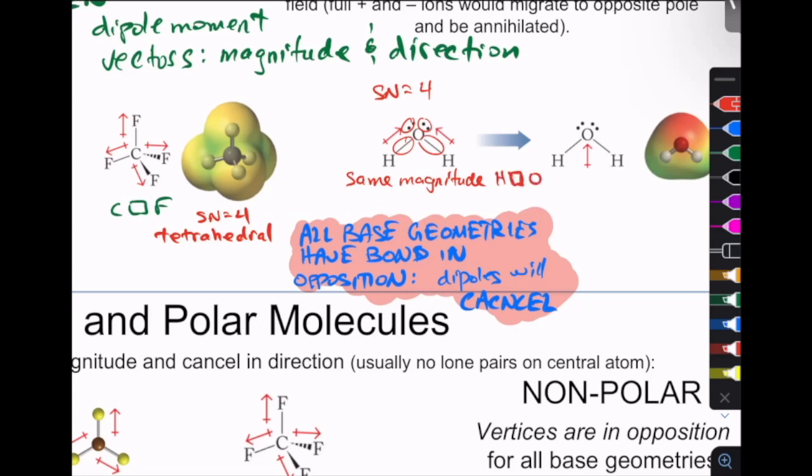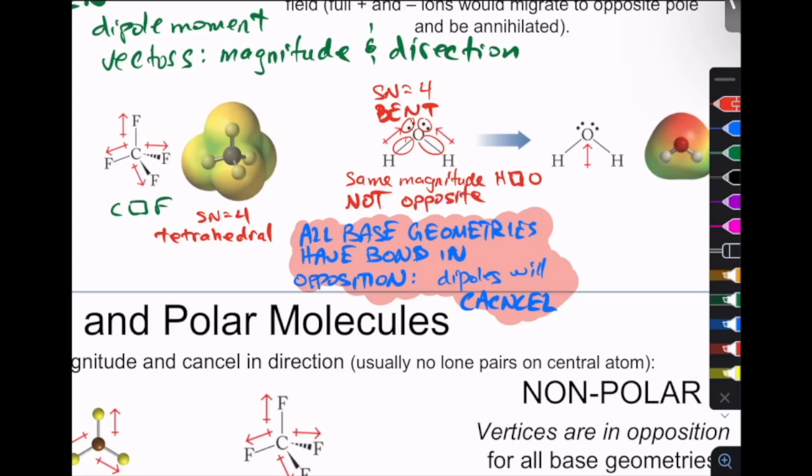But what's the shape? What's the molecular geometry, I should say? It's bent. It's not linear because we started with tetrahedral and then we added 1 lone pair, which would have given us trigonal pyramid or pyramidal. And then we added a 2nd lone pair that gives us the bent shape. And in the bent shape, notice that even though it's the same magnitude, they're no longer in opposition. So this is the same magnitude, but they're not opposite anymore.